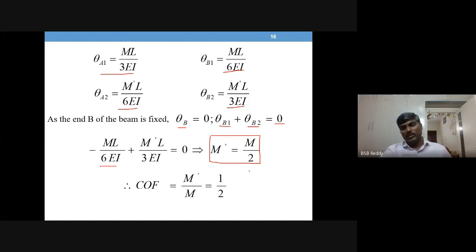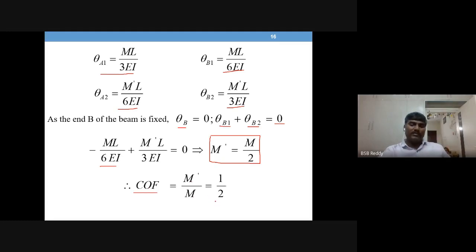It means, if you apply some 10 kilonewton meter at A, what is M dash? 5, half of the value. So half will be carried from A to B. That is what is called the carry over moment. You are applying 10 there and 5 is carried here. Half of the value is carried to the far end. So what is the carryover factor value?